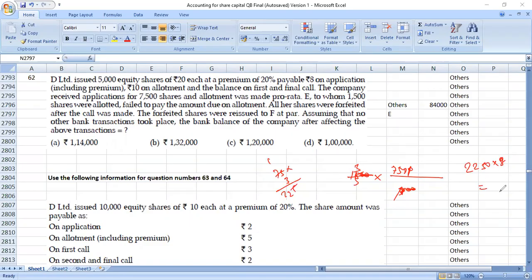That is 4,500 into 2. Same answer. And 4,500 into 4, which is 18,000. So you'll get the same answer. 18,000. And these shares were reissued to F at par. So 1,500 into 30. Then you add it up. You will get 1,32,000.